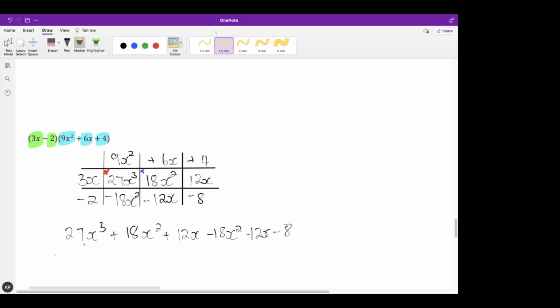Does 27x cubed have any like terms? No. Okay, moving on. 18x squared. Do we have any like terms with 18x squared? Yes, okay, let me highlight it. What is the like term for 18x squared?